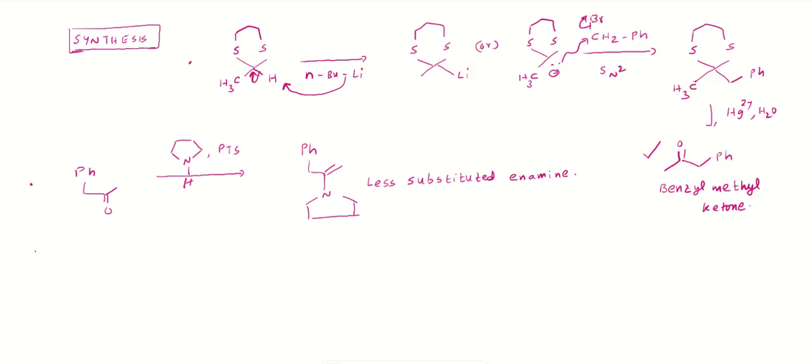Okay, next, alkylation of this enamine now. So Ph, now this less substituted enamine is alkylated with alpha-haloester, BrCH2C(=O)OC2H5, and we know pretty well that this is also an SN2 reaction.